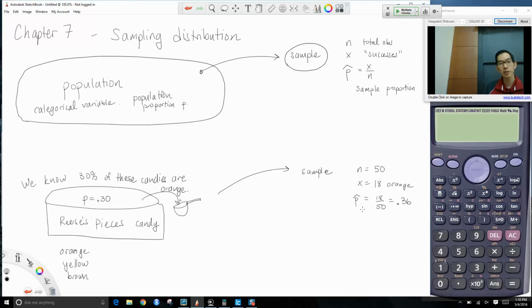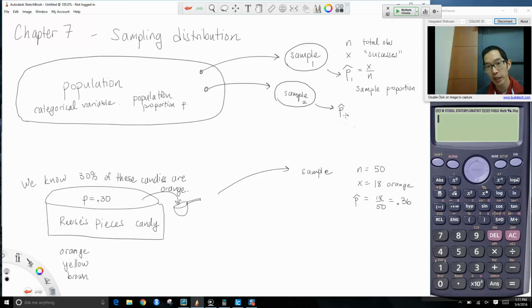And the idea here is for a sampling distribution, we would go back to the population and draw another sample and do the same thing. This sample will have the same n, but this sample will produce a different p hat. Okay, so we'll have p hat 1 for sample 1. This will be sample 2.